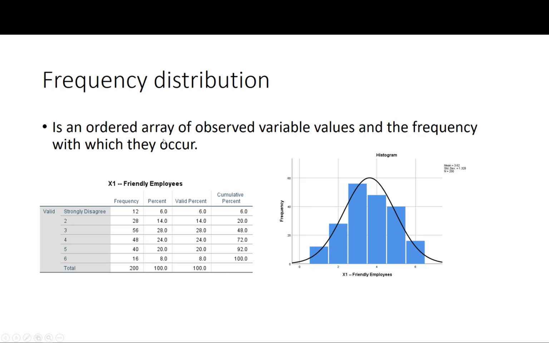So frequency distribution is the ordered array of observed variable values and the frequency at which they occur. In doing my frequency analysis, I have it in 2 forms. I have it in numbered form, where I can look at the percentages and the counts. So these are the counts of respondents along these measurement scale options. This is the percentage of the sample that sits along these scale options.